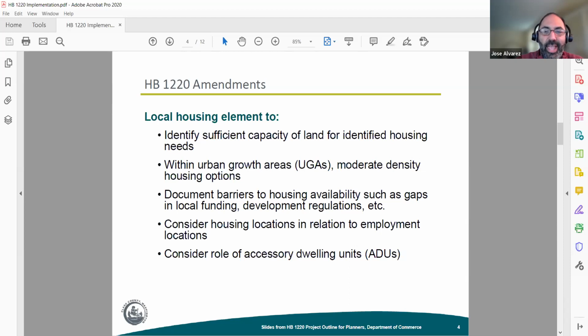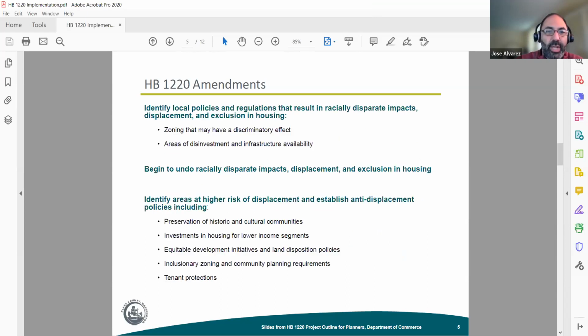So we're a little ahead in that regard. We need to document barriers to housing availability, gaps in local funding, development regulations. Again, some of the things that this group has been working on, considering housing locations in relation to employment, and ADUs, which we've addressed. Also included are policies and regulations dealing with racially disparate impacts, displacement, and inclusion in housing.